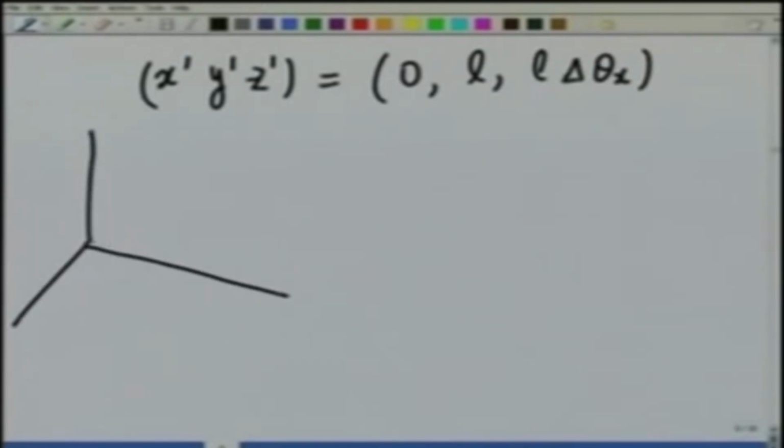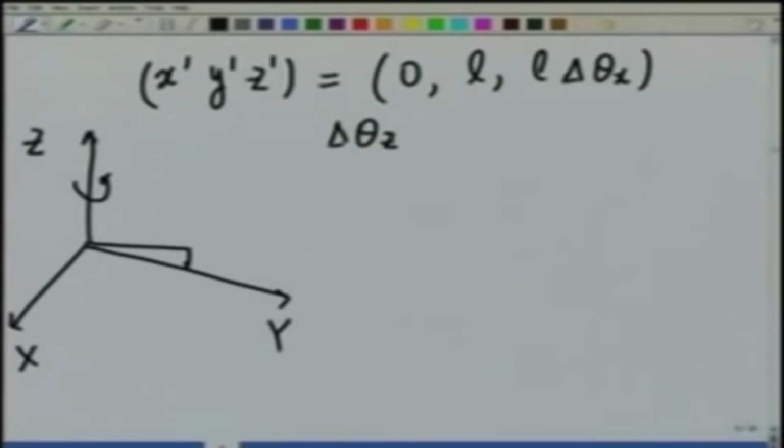This is after I gave it the first rotation about the x axis. Now let me rotate this rod about the z axis by an angle delta theta z.